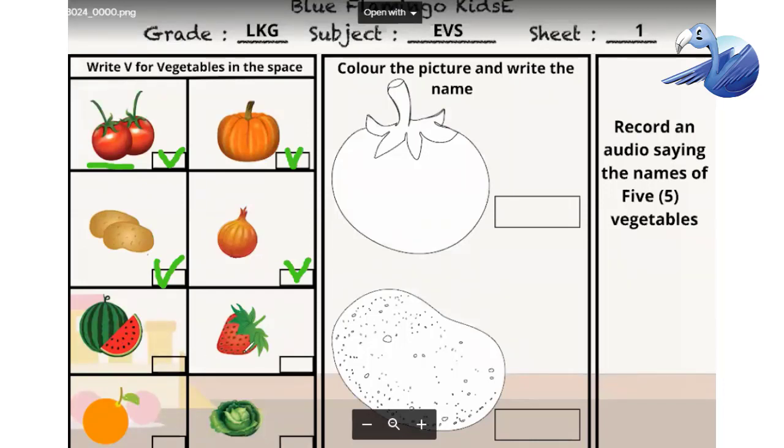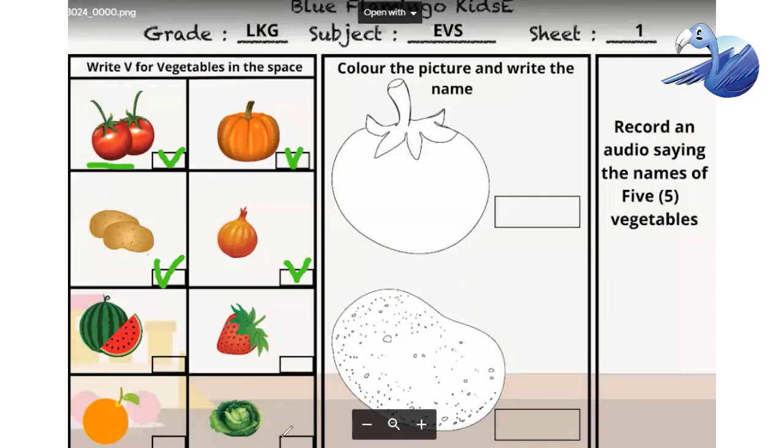Now the next one is strawberry. Strawberry is a vegetable? No, so we don't have to write V here because strawberry is a fruit. The next is orange. Orange is a vegetable? No, so we don't have to write V here.